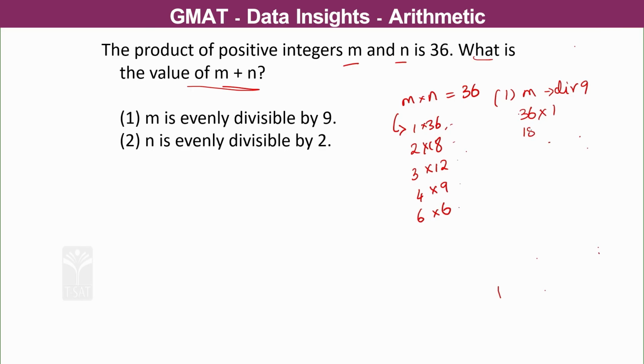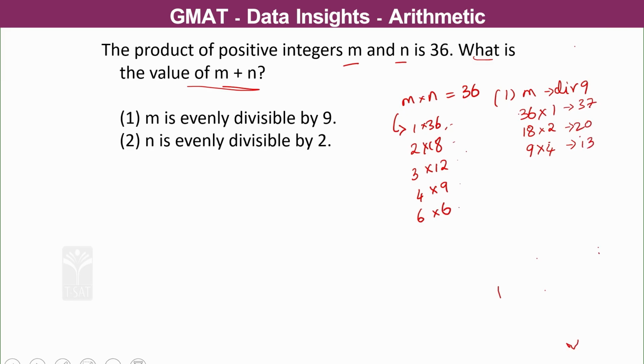Yes, 18 is also divisible by 9. So 18 into 2 and 9 into 4. Again, 12 is not divisible by 9, but 9 is divisible by 9, so 9 into 4 is another combination. For each of these combinations, m plus n will come out different. Here m plus n will be 37, here it will be 20, and here it will be 13.